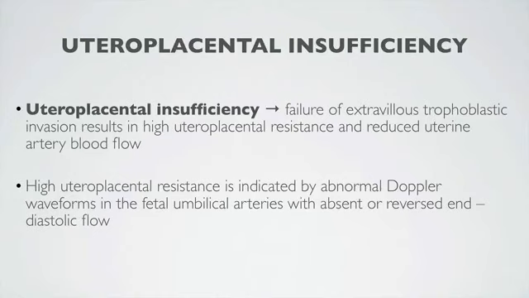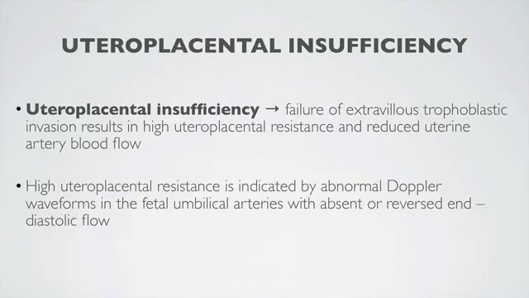So as I said before, a cause of asymmetrical IUGR is what we call uteroplacental insufficiency. So this is basically a poor placenta. It's failure of the extravillous trophoblastic invasion, and this results in high uteroplacental resistance and reduced uterine artery blood flow. So you may remember before I was explaining about uterine artery Dopplers.